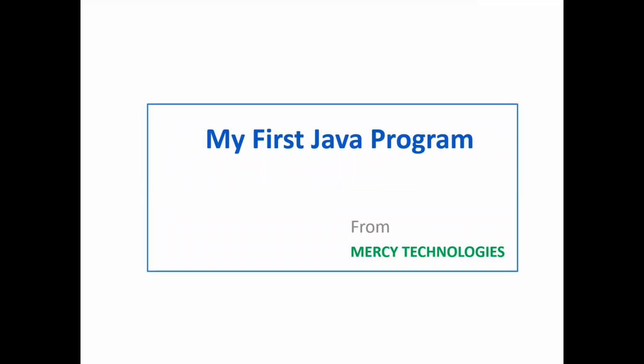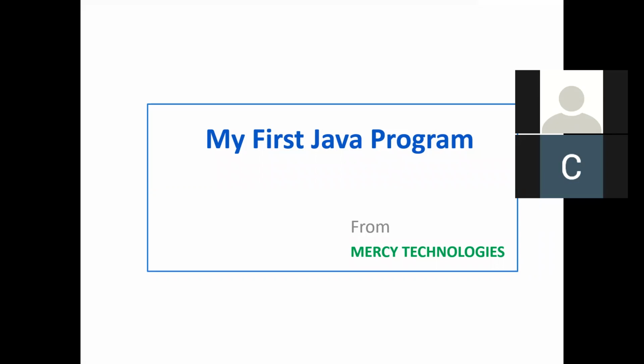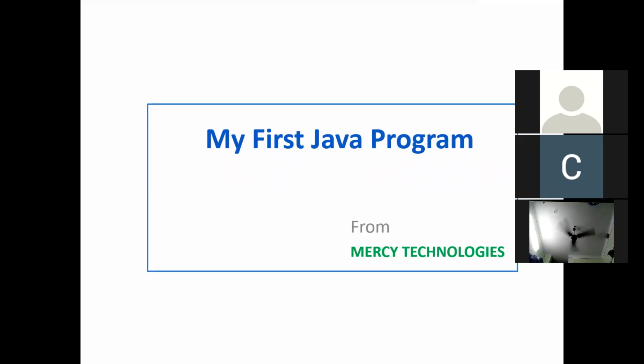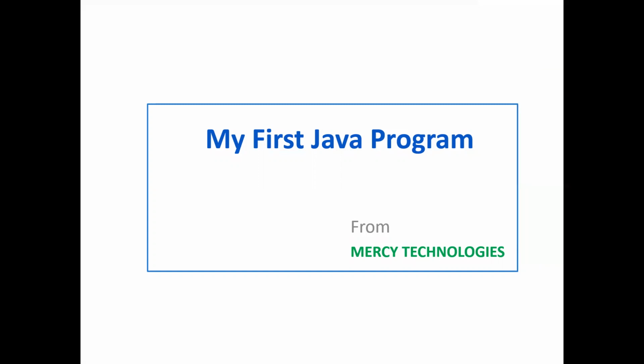In the previous session, we saw a brief introduction to Java and the history of Java, and what advantages we get when we go for Java. We also saw how to download the necessary software for Java development: the JDK and Notepad++.